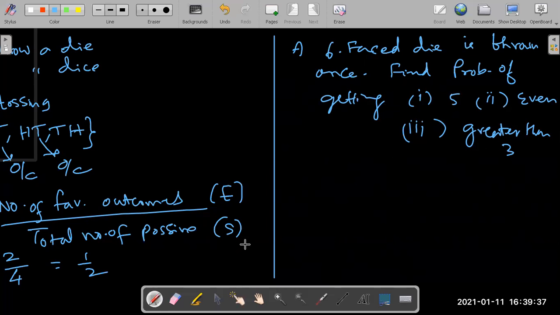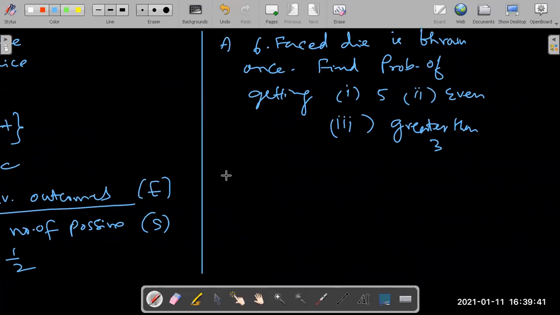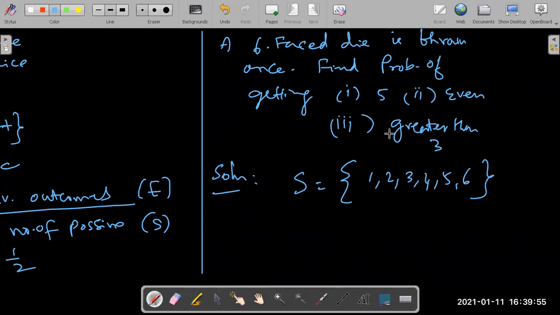In order to solve this question, we need to first write down the sample space. You can draw it diagrammatically also. The sample space will be face 1, 2, 3, 4, 5, or 6. Any of these 6 can come. So how many are there in the sample space? It is 6. Let's put the event space now.